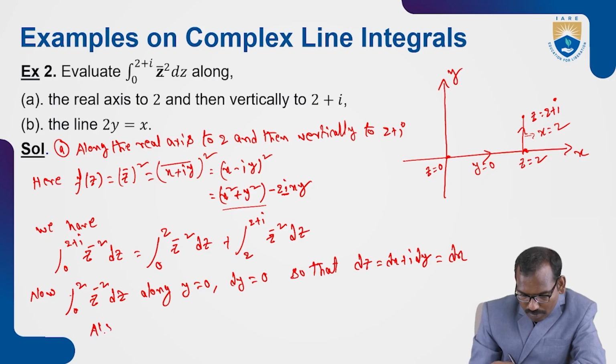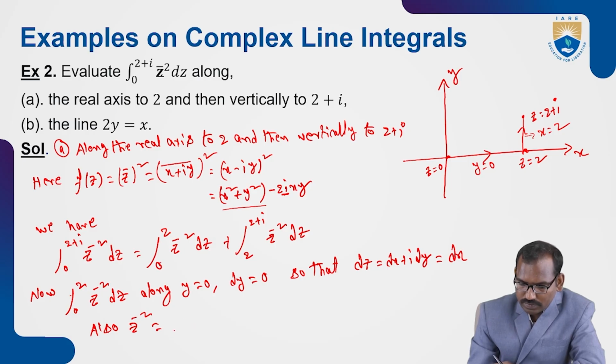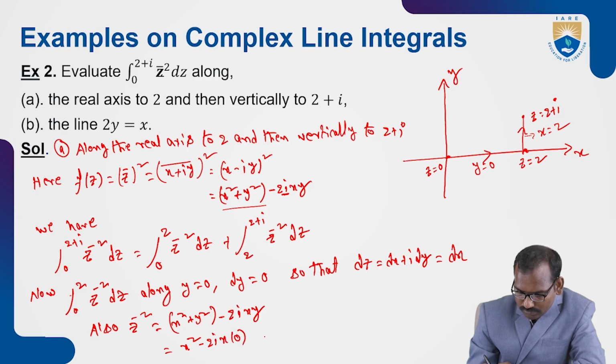Also z bar square, which is x square plus y square minus 2i xy. Now since y is 0, I will have only x square minus 2ix into 0. Here I will get only x square.